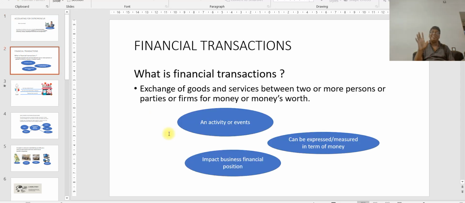Then what is a financial transaction? Exchange of goods and services between two or more persons, parties or firms for money or money's worth. So a financial transaction includes an activity or event which can be measured in terms of money and must have an impact on the financial position of the business.